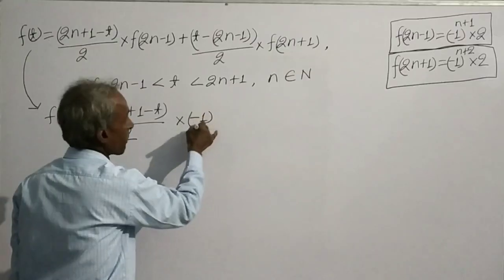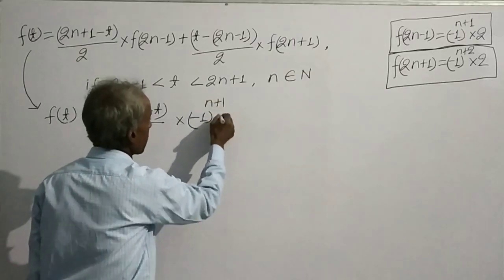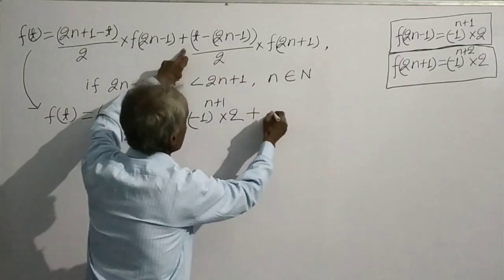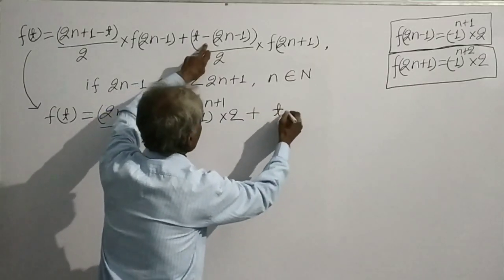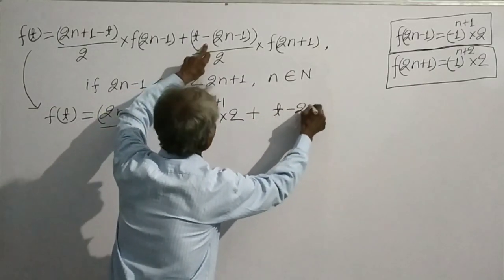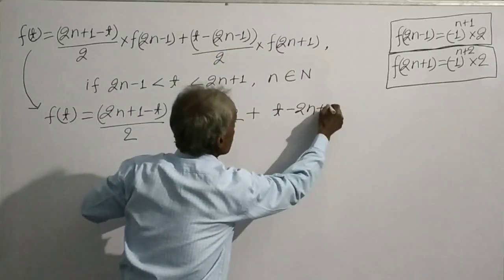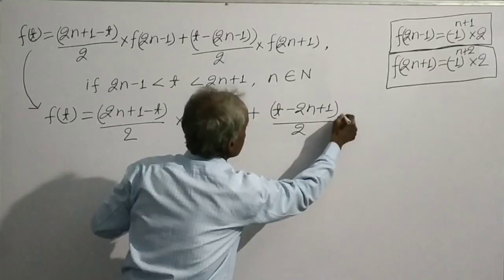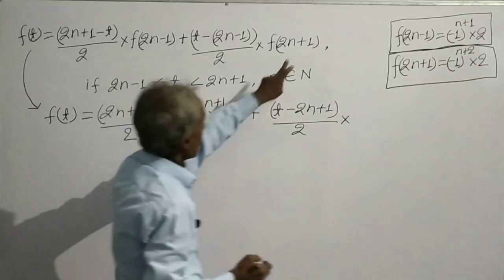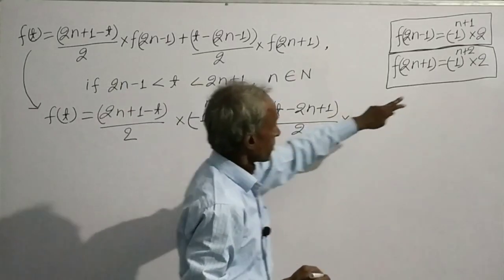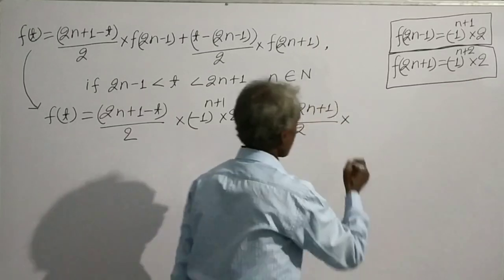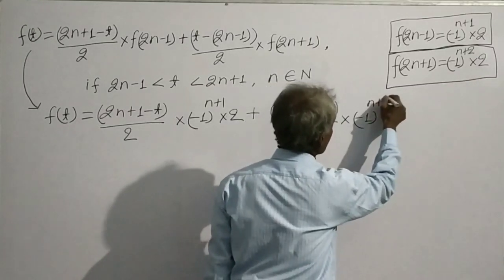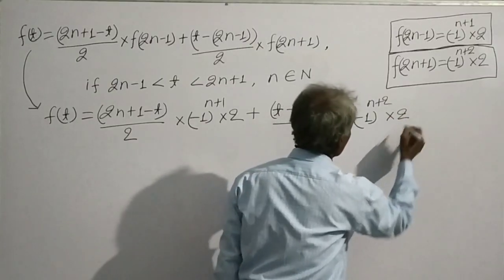(-1)^(n+1) times 2, plus (t-2n+1)/2 times f(2n+1), this value (-1)^(n+2) times 2.